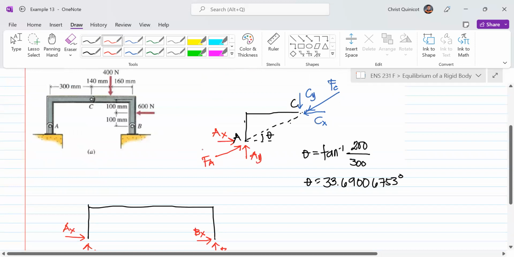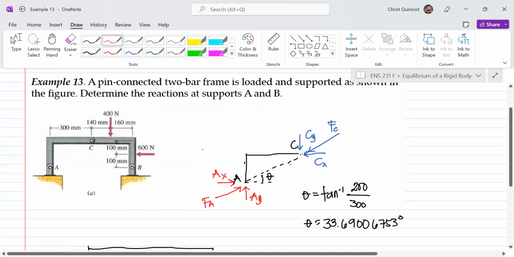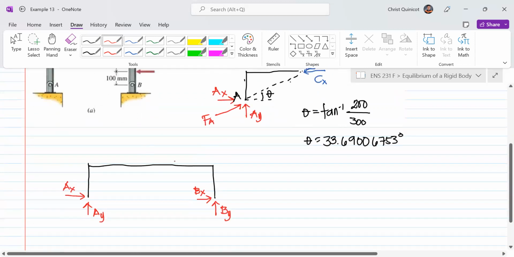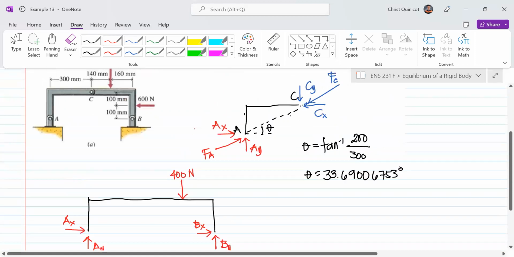From B, 160 mm to the left of B, we have 400 Newton going down.